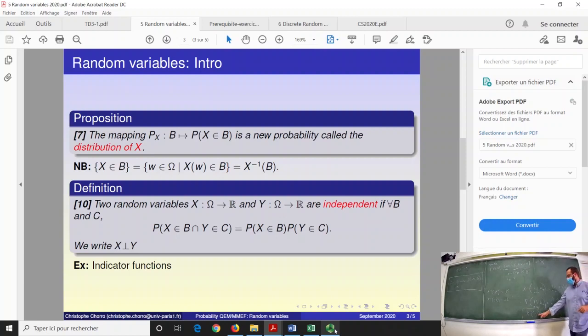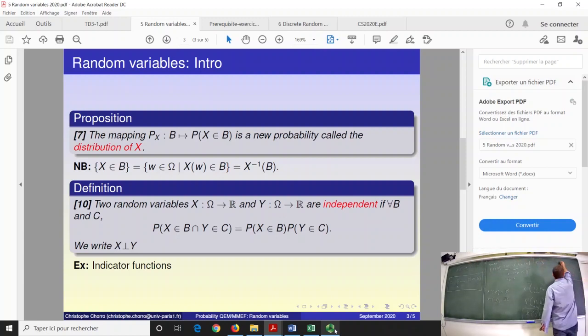Why? Because B is a subset of R. So by B complementary, I have in mind here R minus B, the elements that are in R and not in B. While here, X minus 1 of B is a subset of omega. So here, X minus 1 of B complementary is omega minus X minus 1 of B. So these little symbols here and here don't make reference to the same universe.